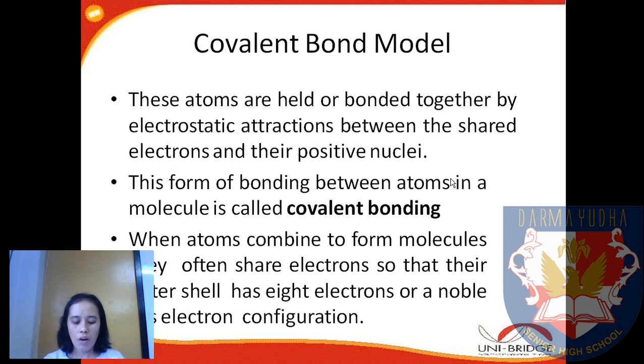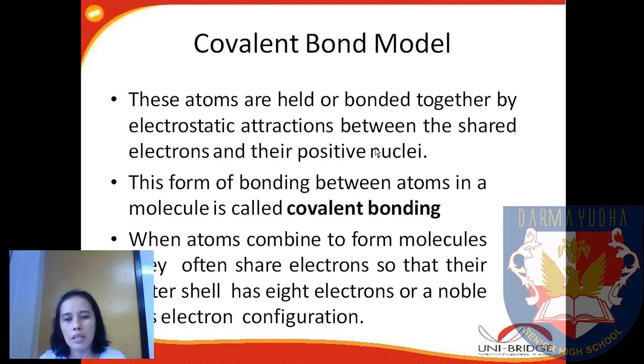Now, let's take a look at the covalent bonding model. In 1916, American chemist Gilbert Lewis suggested that the atoms in a molecule share electrons. The form of bonding between atoms that share electrons is what we call covalent bonding.